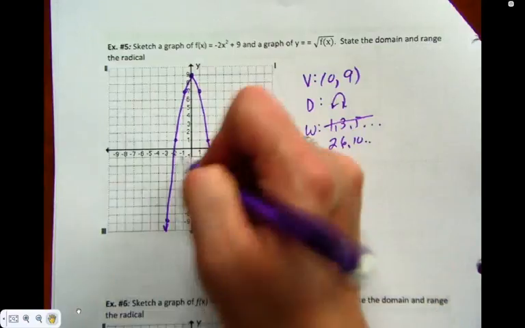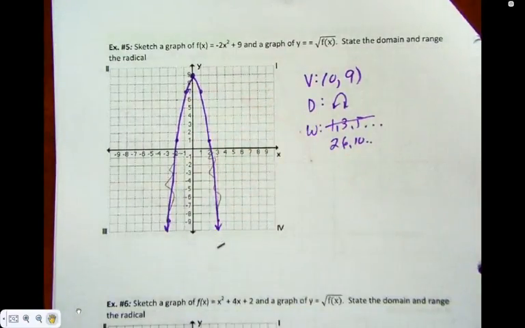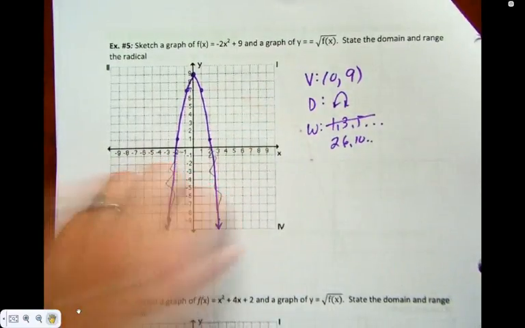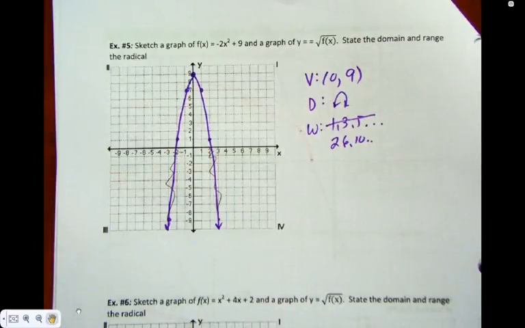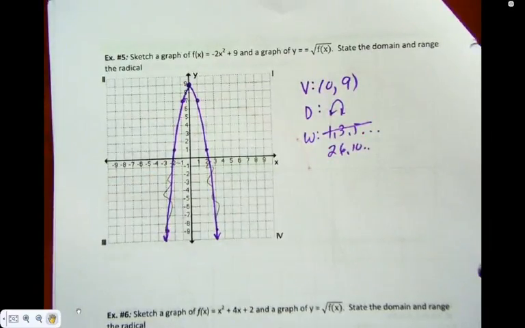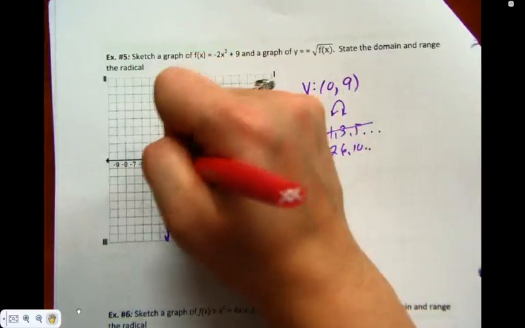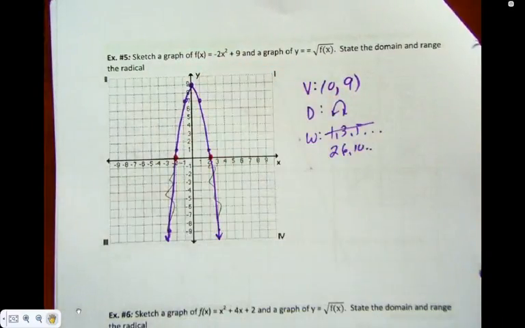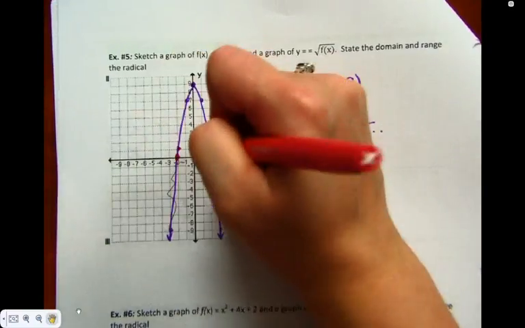I take whatever's under the graph, I cross it out. Again, you don't have to cross it out. It's just for visual people. It reminds us it's not there, it's gone, it doesn't exist. Wherever y equals 0, I mark those points. Wherever y equals 1, I mark those points.